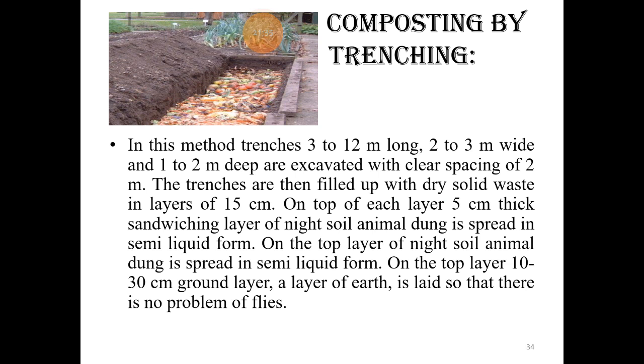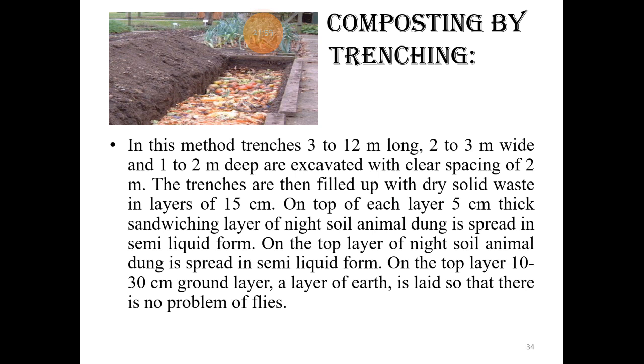The first method to start is composting by trenching. In this method, trenches of 3 to 12 meters long, 2 to 3 meters wide, and 1 to 2 meters deep were made with a space of 2 meters in between.